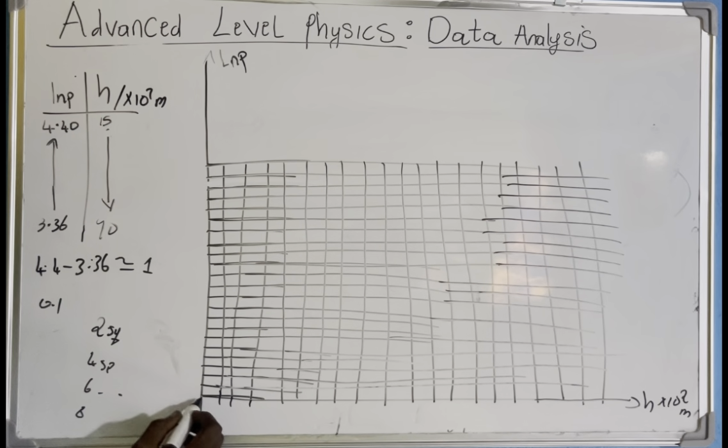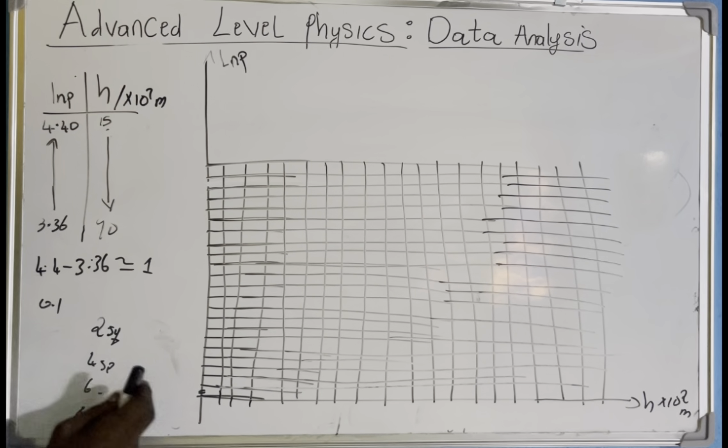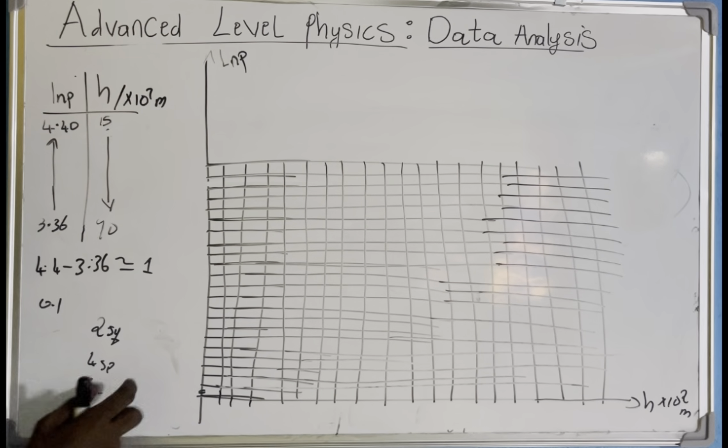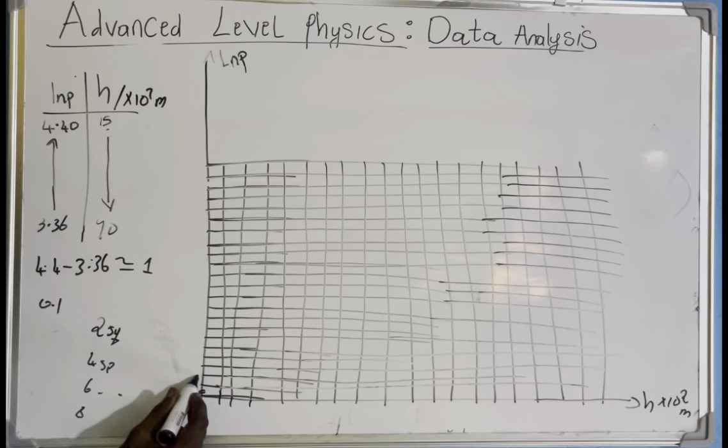I can approximate the starting point here. Now let us take 2 squares to represent 0.1 unit. If I start here, from here to here and here to here represents 0.1 unit.